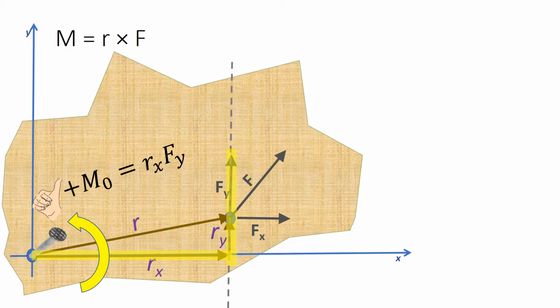Okay, so here's one combination. If we take the x component of the position vector and combine it with the y component of the force, of course x and y are at 90 degrees to one another, this combination, positive R, positive force, is going to create a counterclockwise rotational motion.